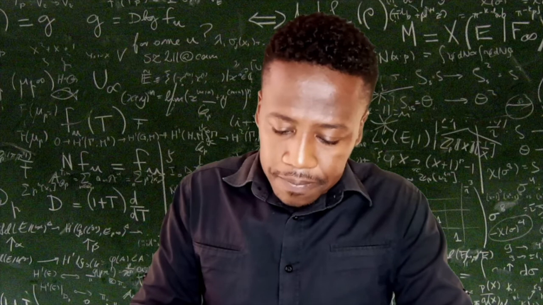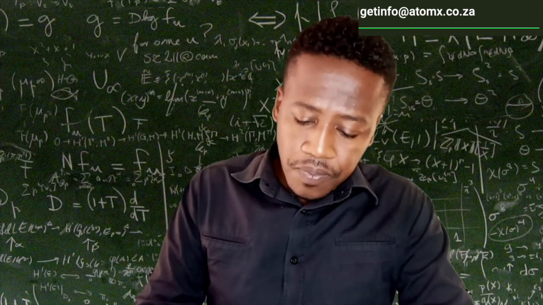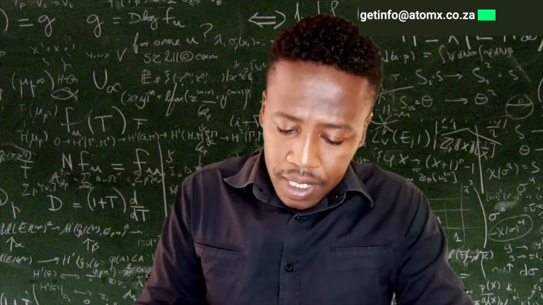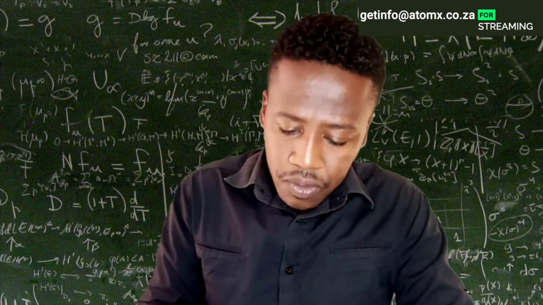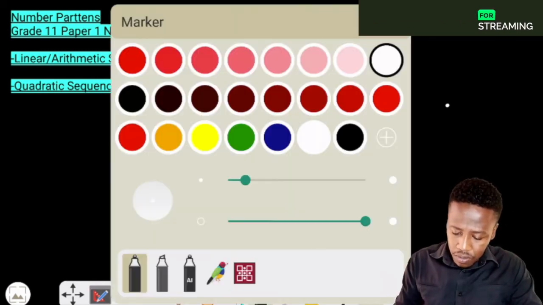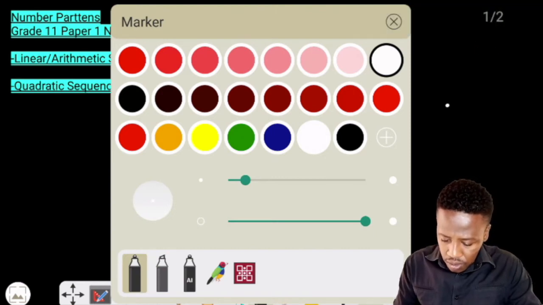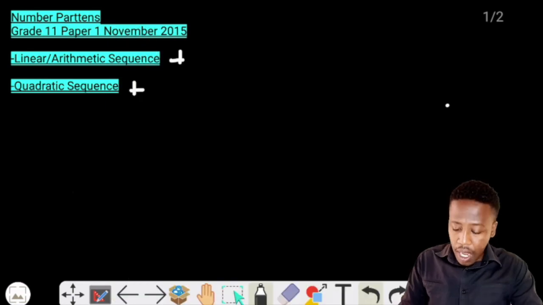There are different formulas that apply when you deal with number patterns, and we are going to look at linear or arithmetic sequences, and as we move on, also quadratic sequences. Let's quickly go through the formulas that are given in your question papers.